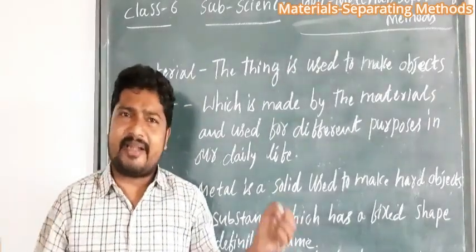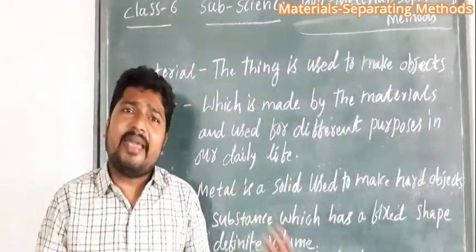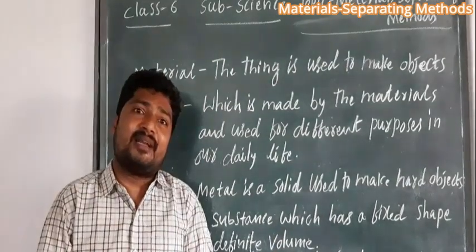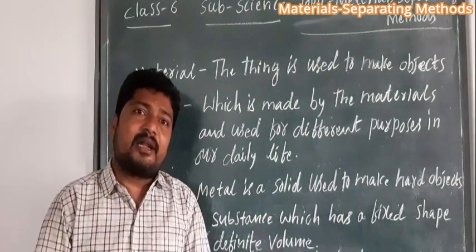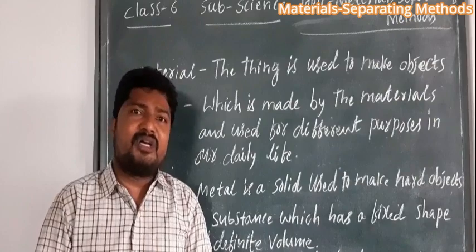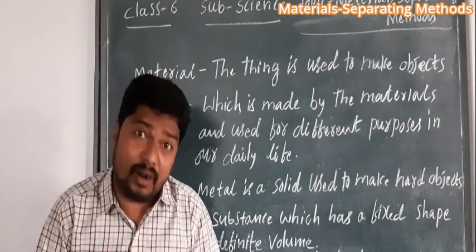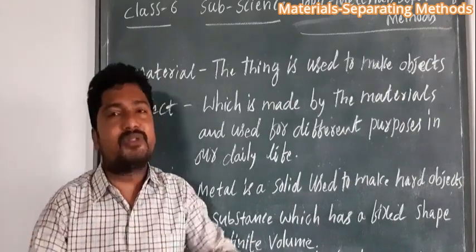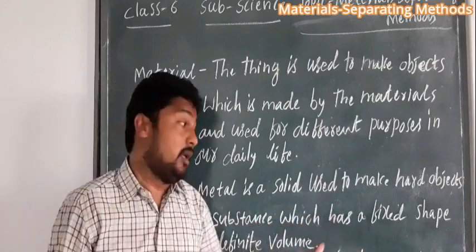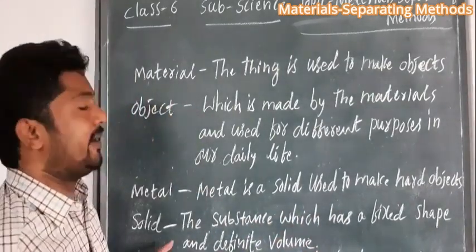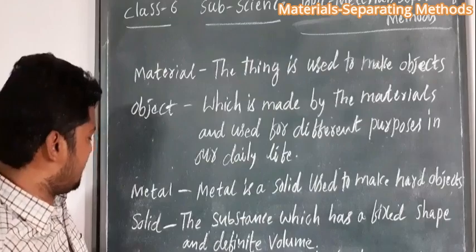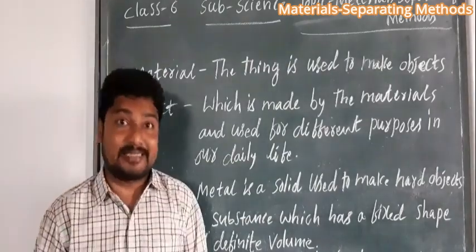Whenever metals are there, iron is a best metal, steel is a best metal, copper is a best metal. Metals are very hard, isn't it? Used for different purposes also. Before I say this one, children, solid, liquid and gases.